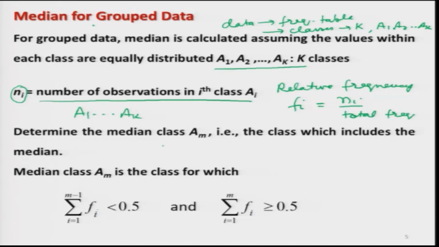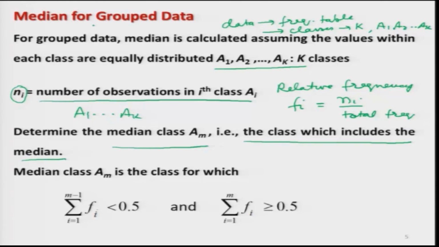I will try to find the class where half of the frequency is lying, and let this class be denoted by Am. So Am is the interval or class which includes the median.